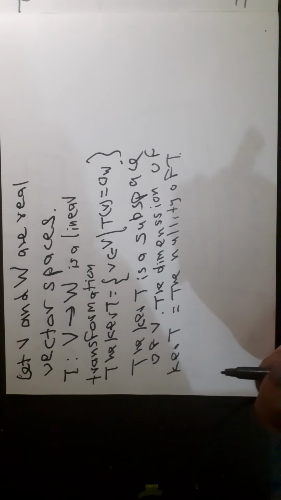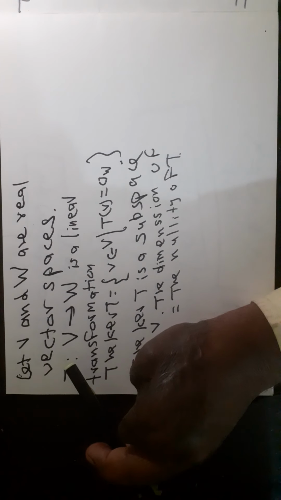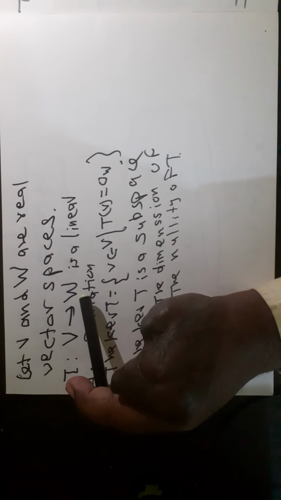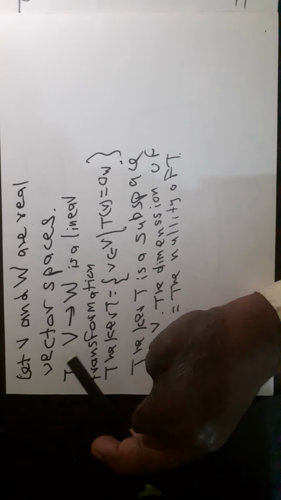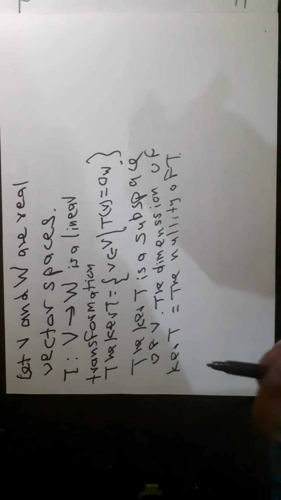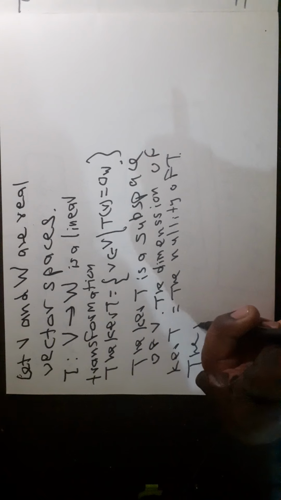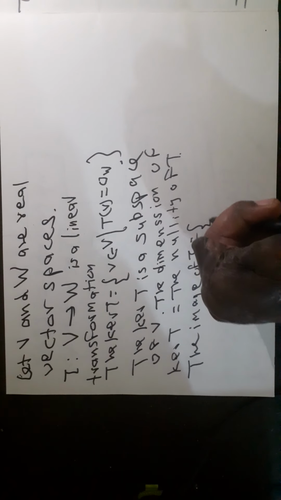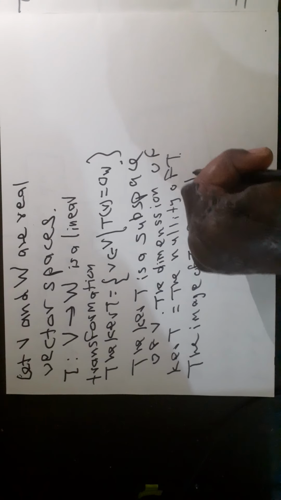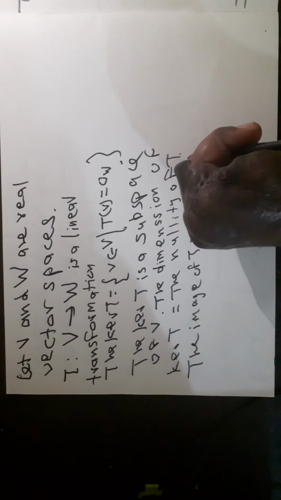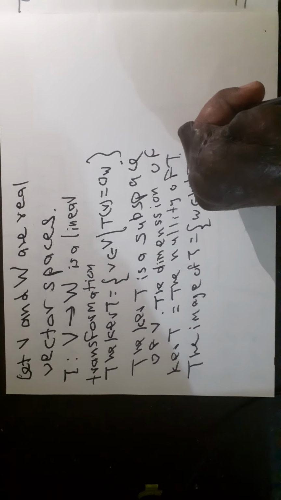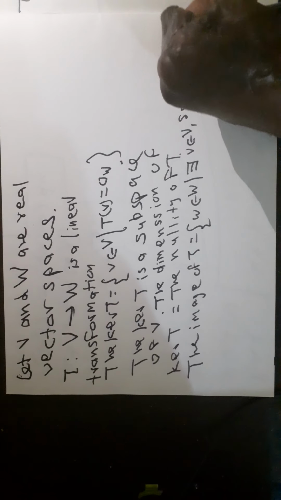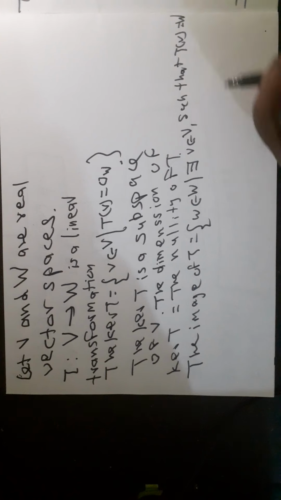Now, what is the image of T? We know the image of T. It is the set of small w belonging to capital W such that for each w there exists some v belonging to V such that w is equal to T of v.